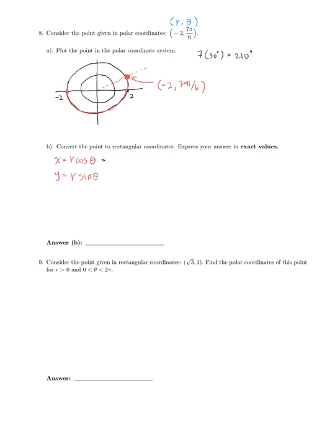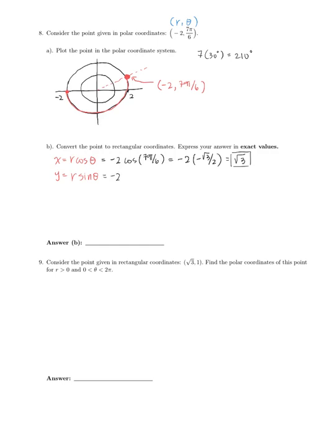So this is going to equal to our r is -2. And here we're going to have cosine of theta, which is 7 pi over 6, which is same thing as -2 times cosine of 7 pi over 6, which is -√3 over 2. So our x coordinate is going to be square root of 3. Now y equals r sine of theta.